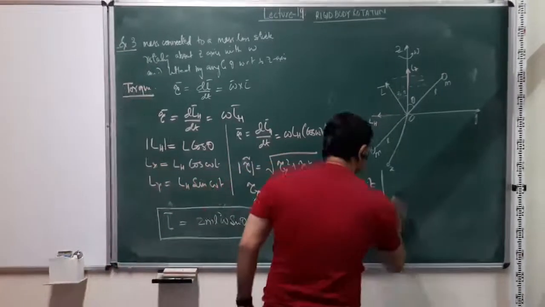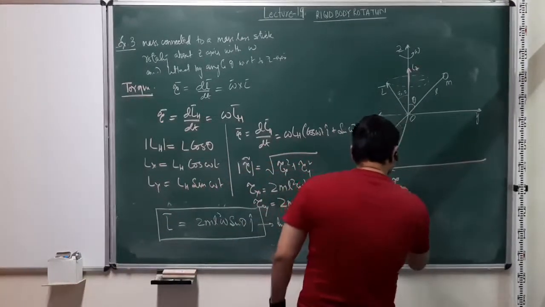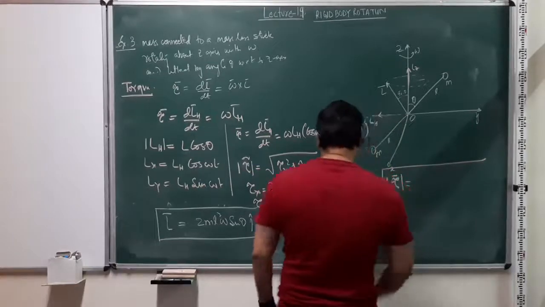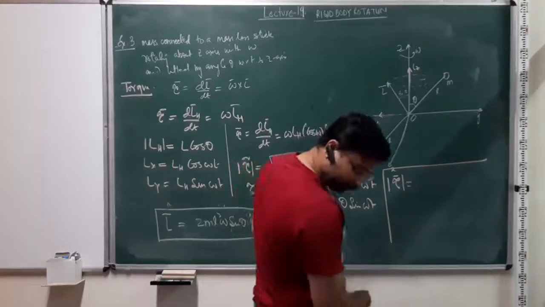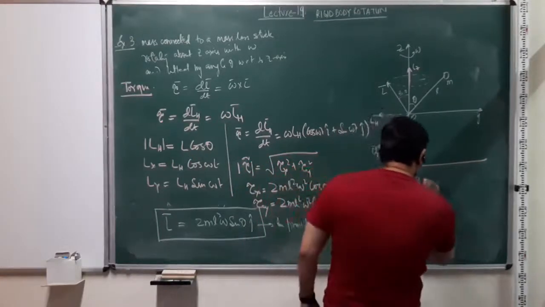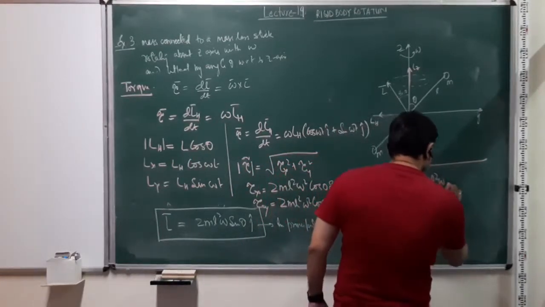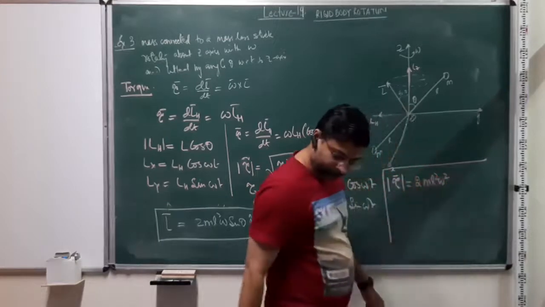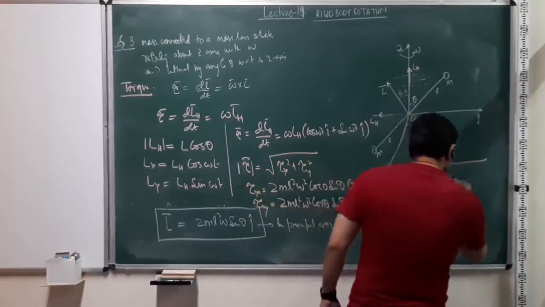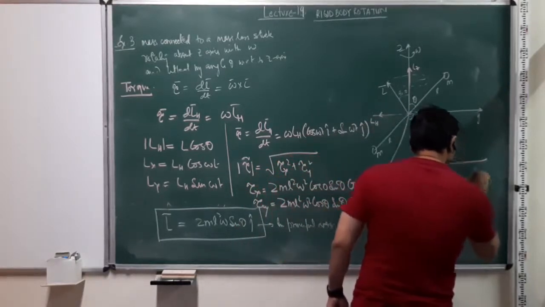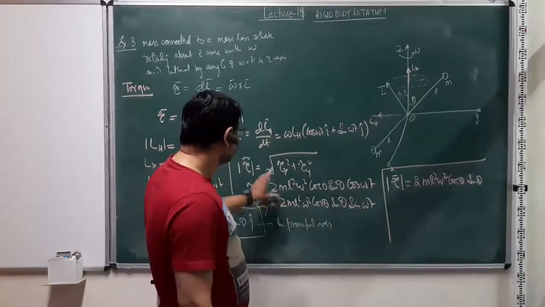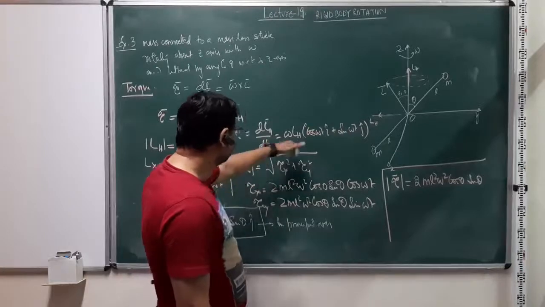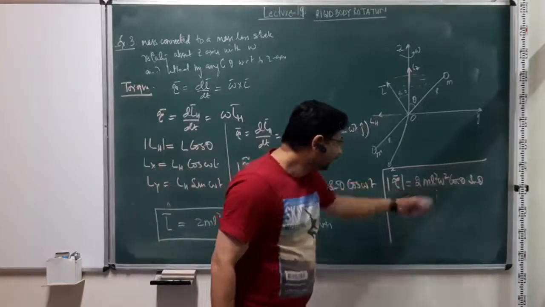And therefore tau, squaring and adding these two, is 2ml squared omega squared cos theta sin theta, because of course cos squared omega t plus sin squared omega t gives us 1, so the magnitude of tau is simply going to be this.